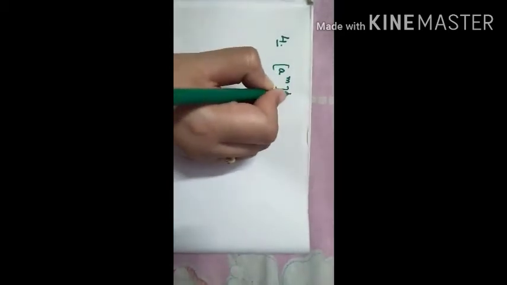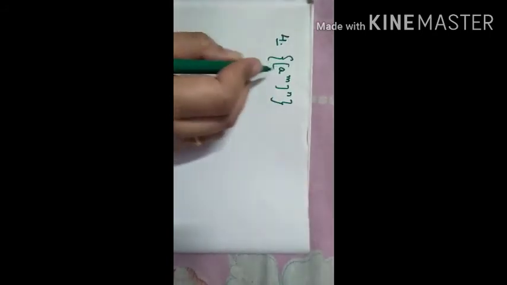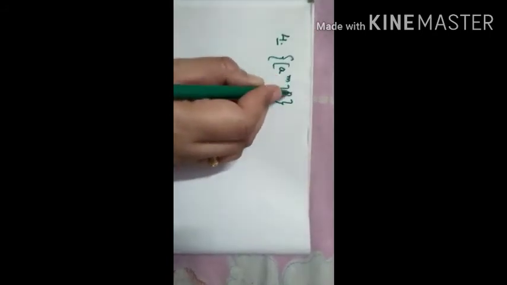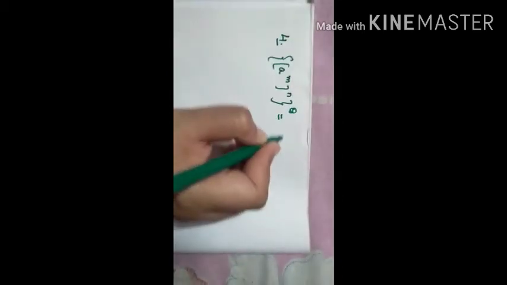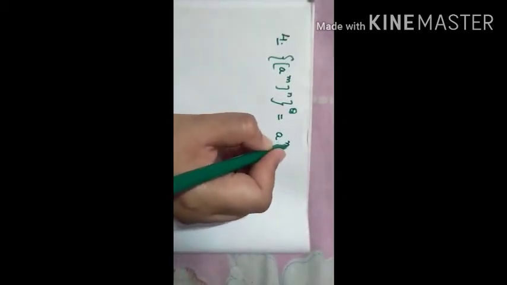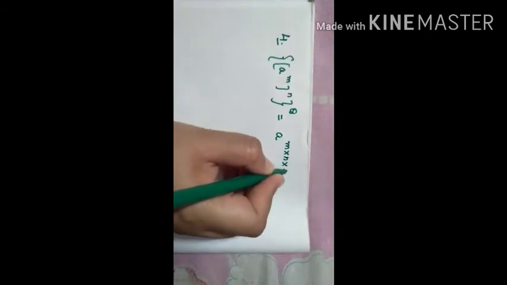Rules, and its fourth rule is a raised to the power m. If we have more than one power, that is our base is single and powers are m, n and q. So we multiply the powers, that is m into n into q.